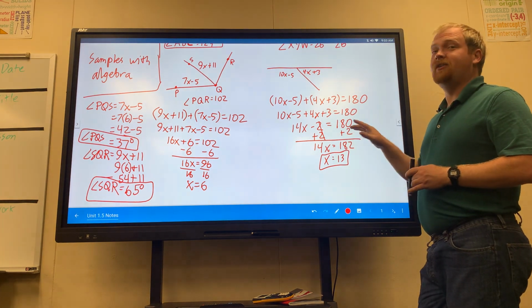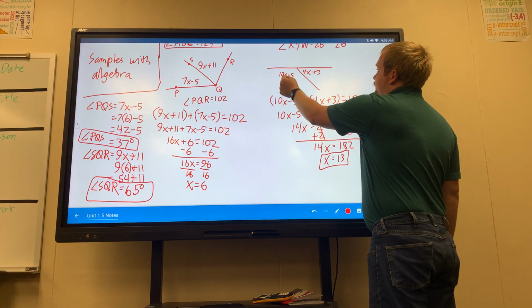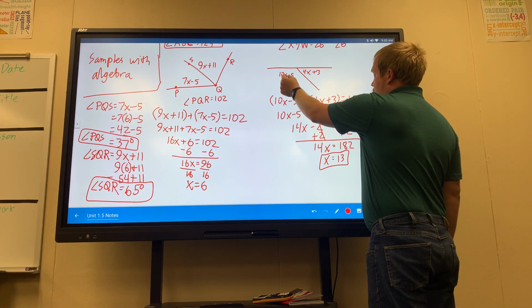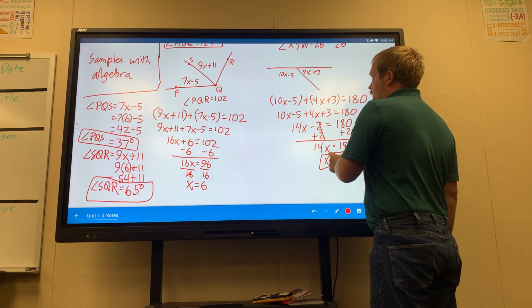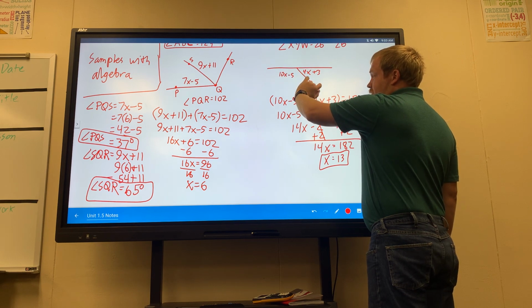If it was asking you to find the missing angles, remember, I just replace the x with 13. In this case, it would be 10 times 13, 130, minus 5, which is 125.